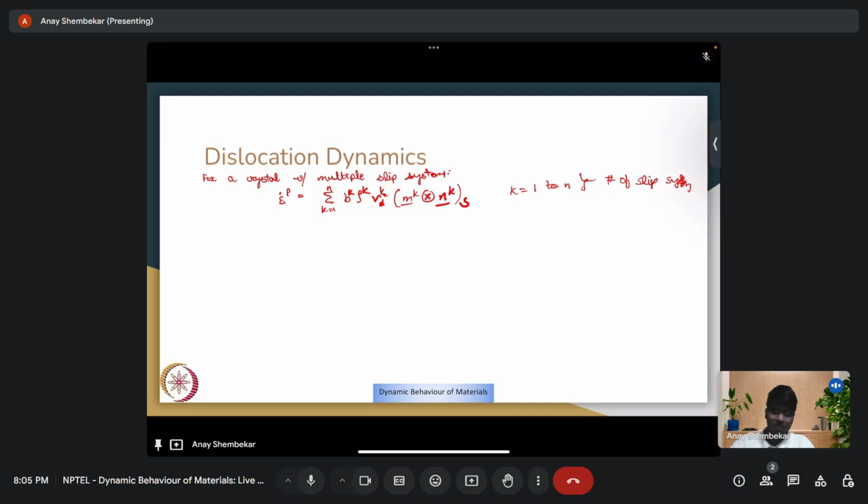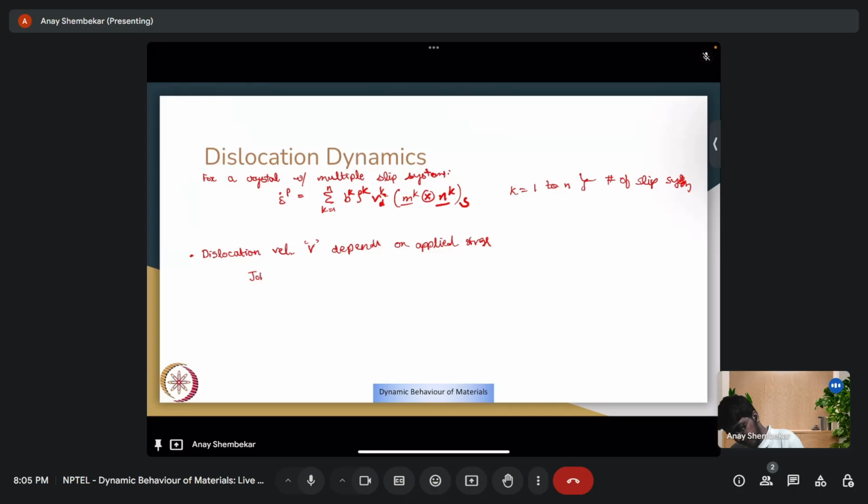Now we are interested in looking at the dislocation velocity v. The dislocation velocity v depends on the applied stress. A few formulations for the same have been given.